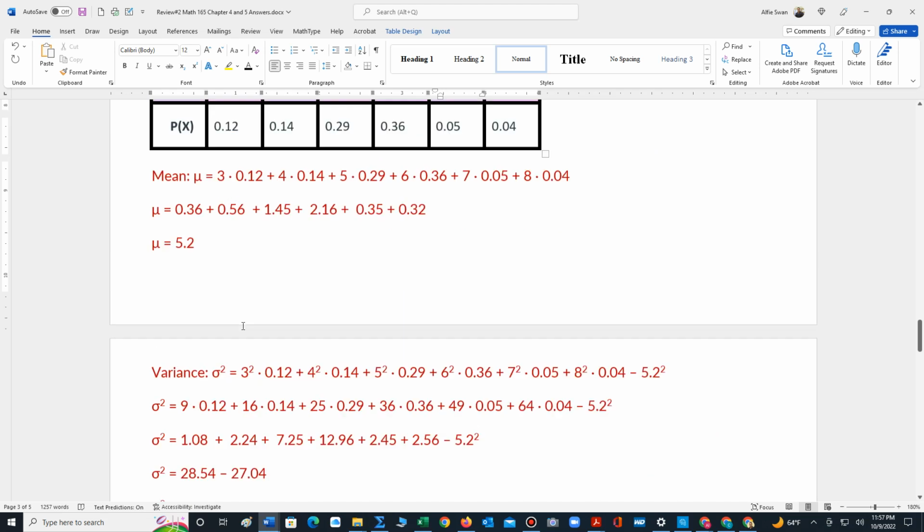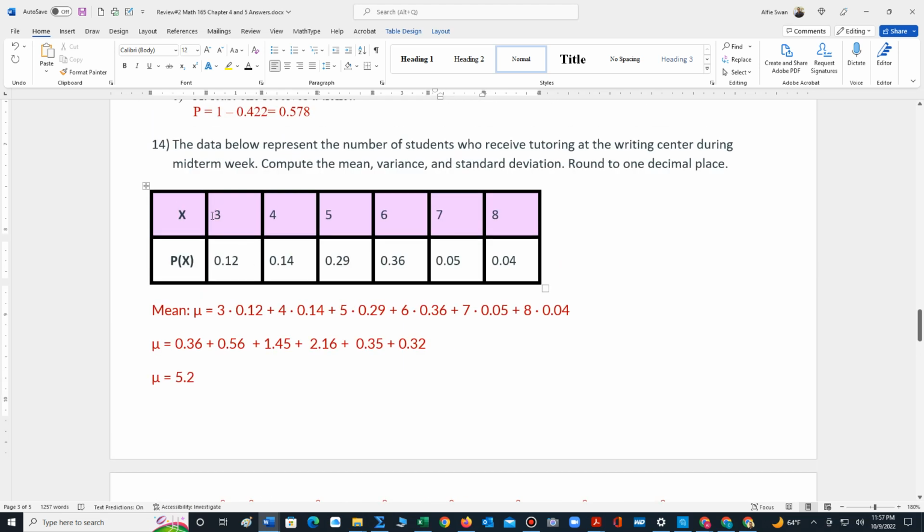Now the variance is found by squaring each x value, multiplying those squares with the corresponding probabilities, and then subtracting out the mean squared.